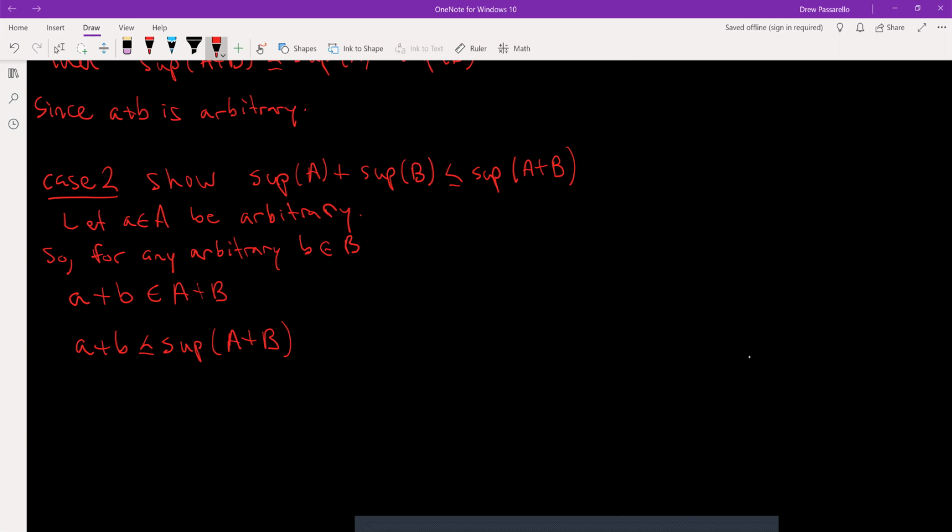So this would imply that a is less than or equal to the sup of capital A plus B minus this arbitrary element b.